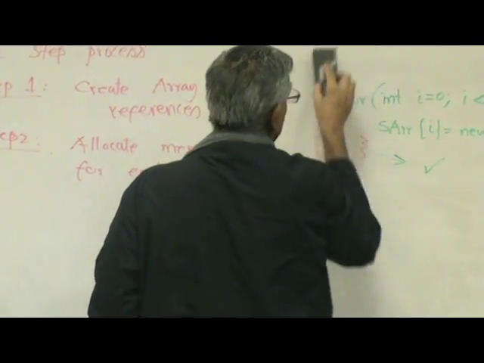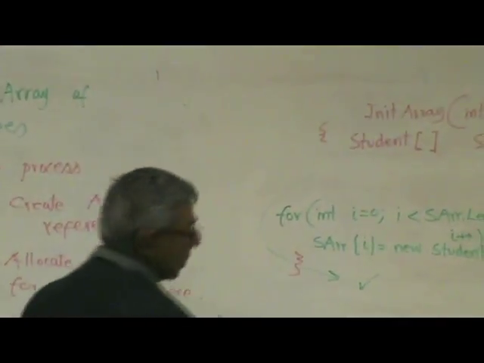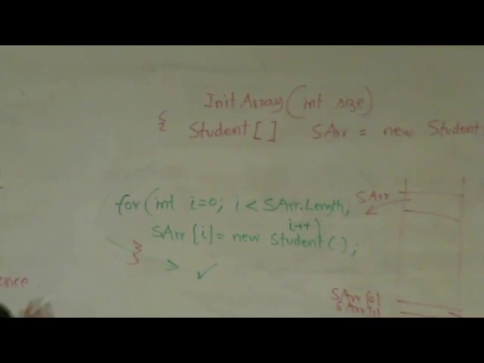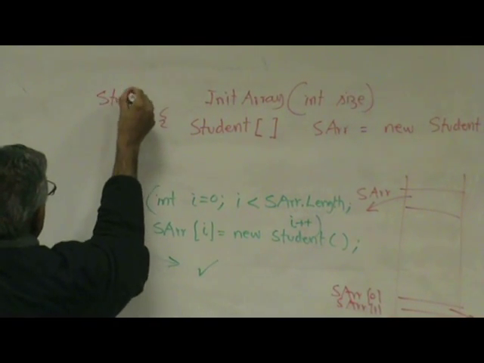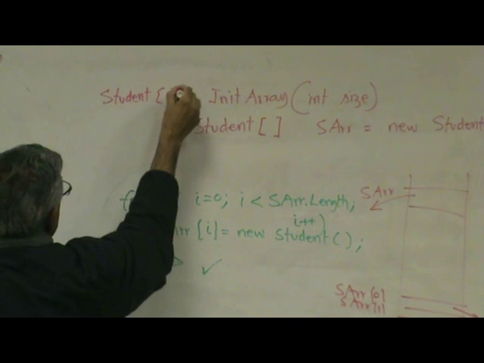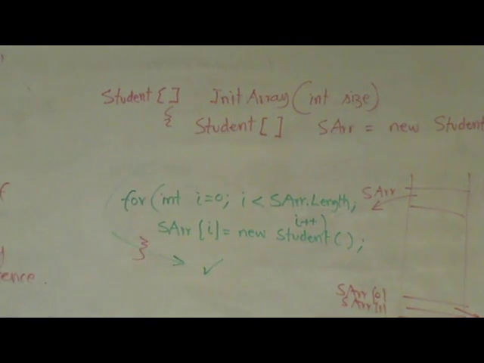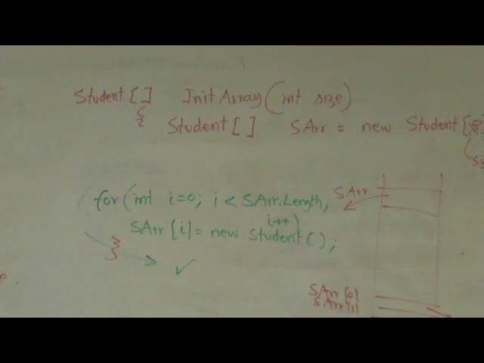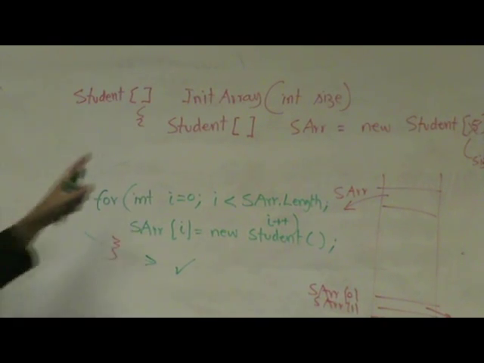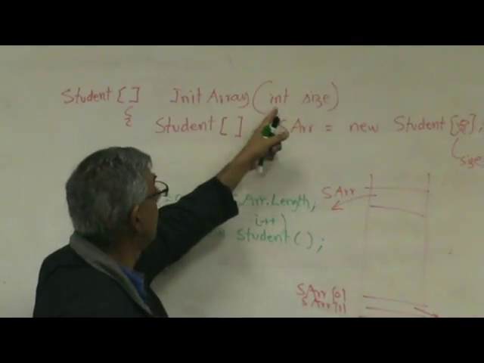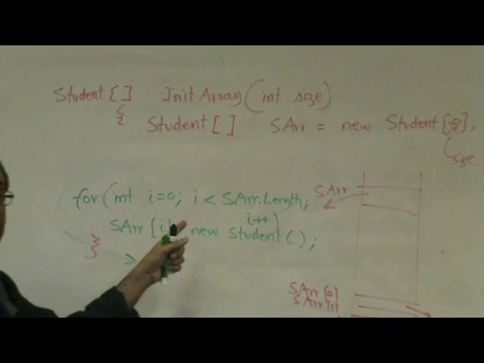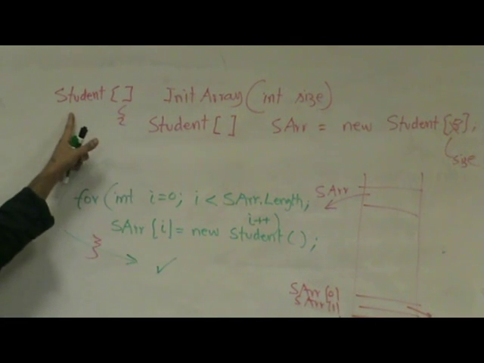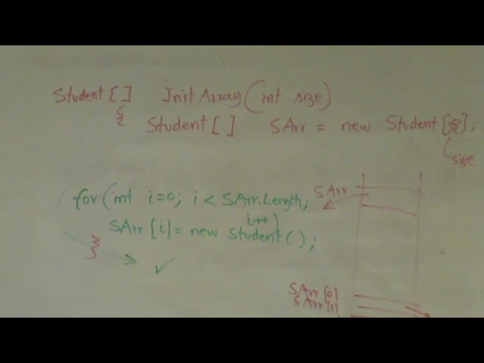It should not return void. It should return an array of students. Right? So this is what the method will look like. If somebody calls init array, gives it a 5, this will create an array of 5 students, create the memory, and return the reference to it, correct?